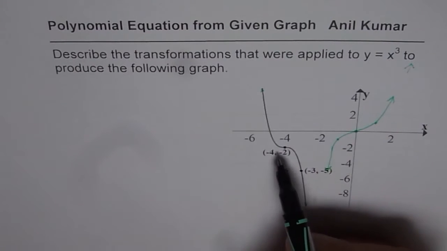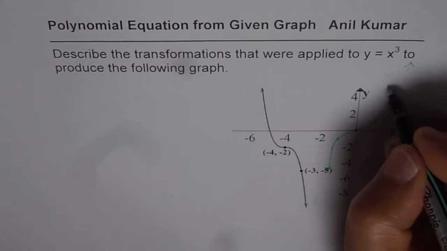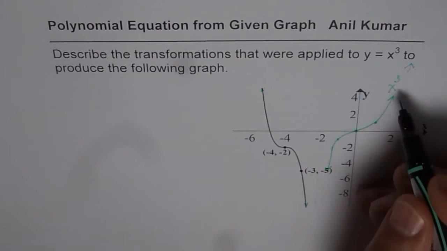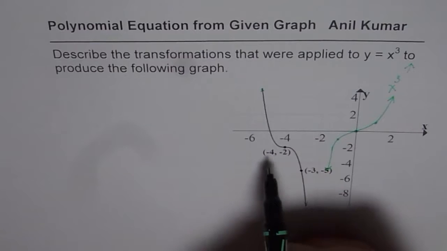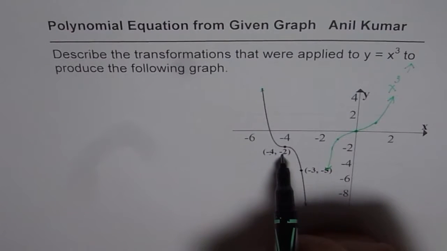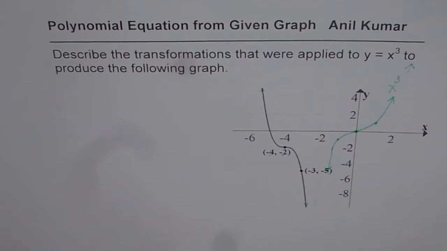Now if you compare the given graph with this graph of x cubed, you will notice that this point, which was at the origin, has moved 4 units left and 2 units down. So we can describe the translation from here.